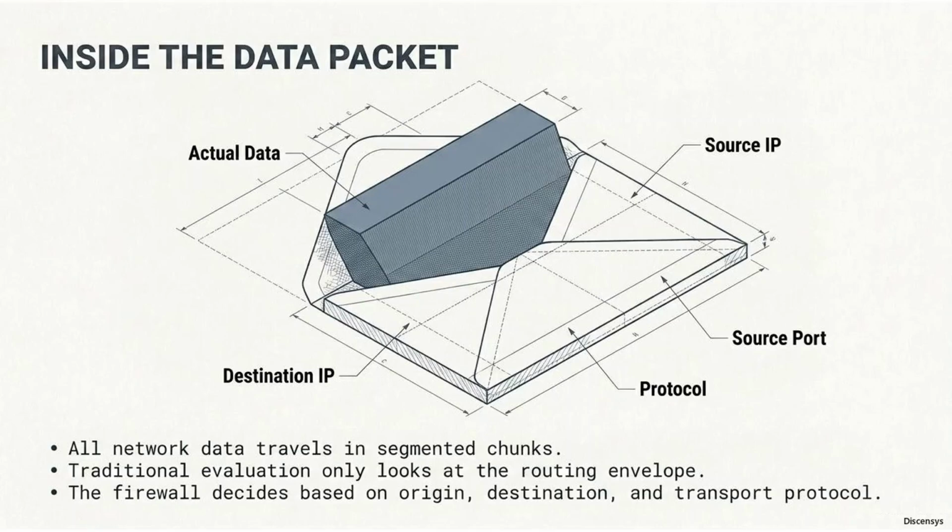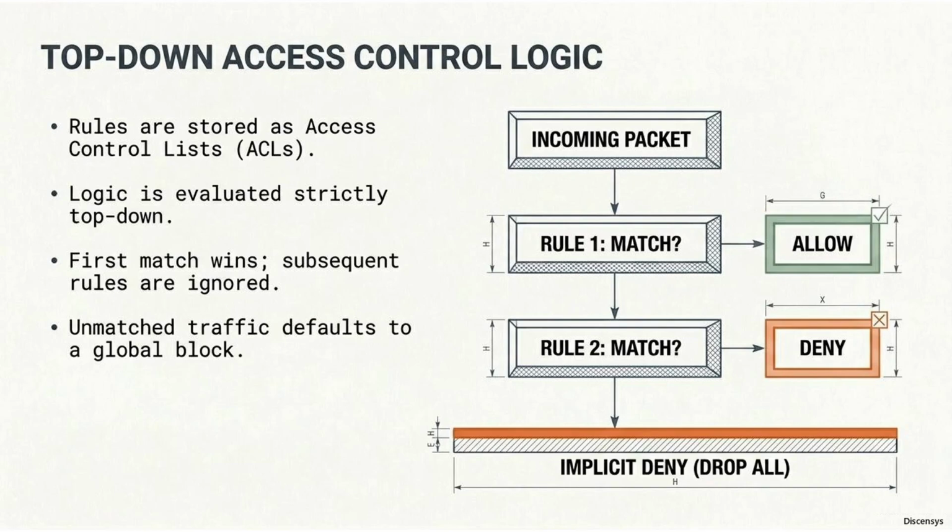And suppose Raj receives instructions. For example, allow employees, allow HR, block unknown visitors. In this way, he was actually setting rules. Rules are stored as an access control list, and logic is evaluated strictly top to down. You could see that the incoming packet is validated against rule one, whether it is matching or not.